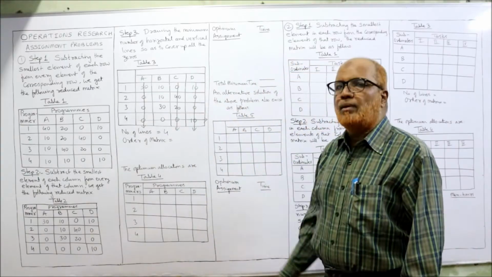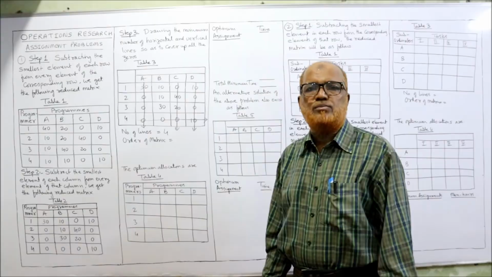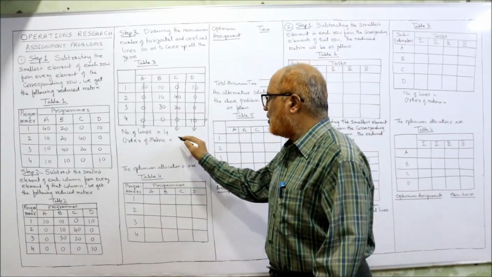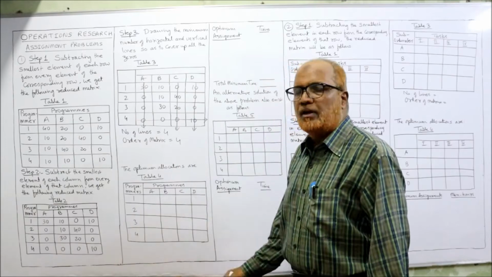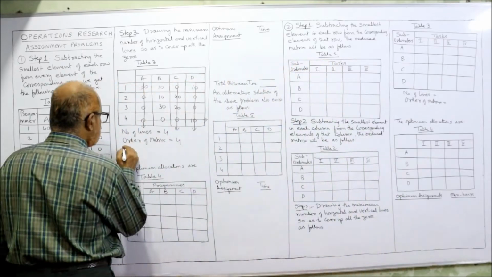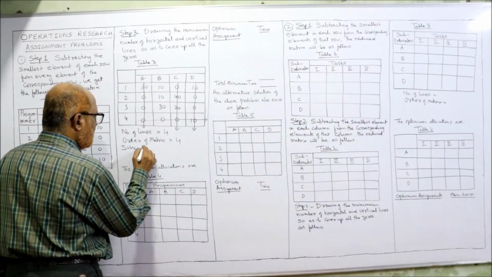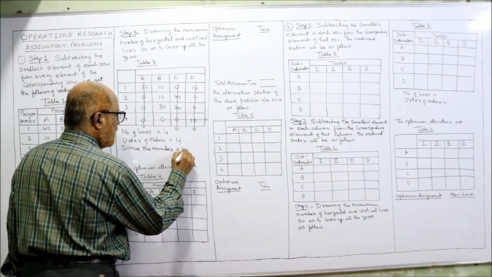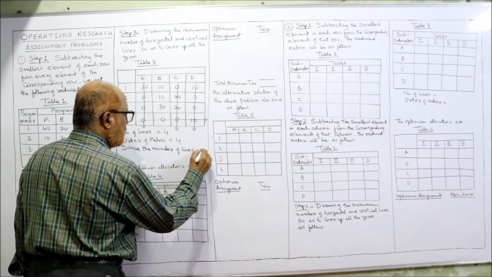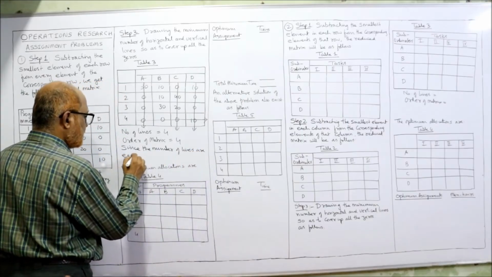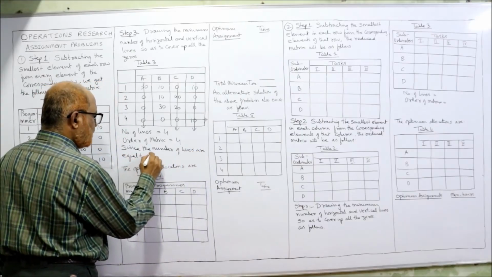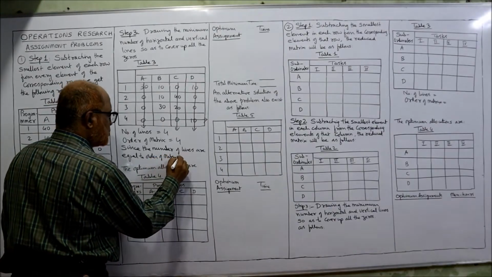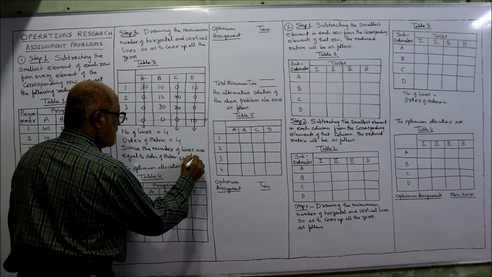And what is the order of the matrix? How many rows and how many columns? 4 by 4. 4 rows and 4 columns. The order of the matrix is 4. Now you can write, since the number of lines are equal to order of matrix, so optimum solution is reached.